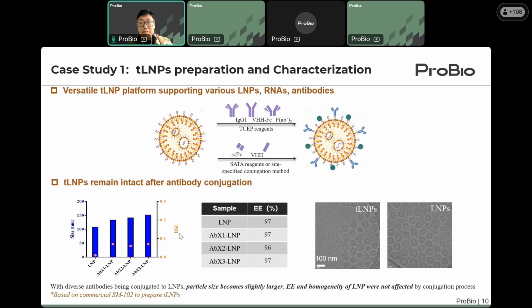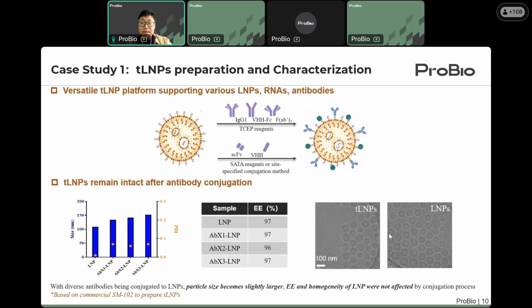All of the PDI is still below 0.1, which means your tLNP population is still monodispersed. So it's very good. And if you compare the LNP and the tLNP, you will find that the encapsulation efficiency remains the same. So the structure of your tLNP remains intact, and the cryo-TEM here also proves what I said.